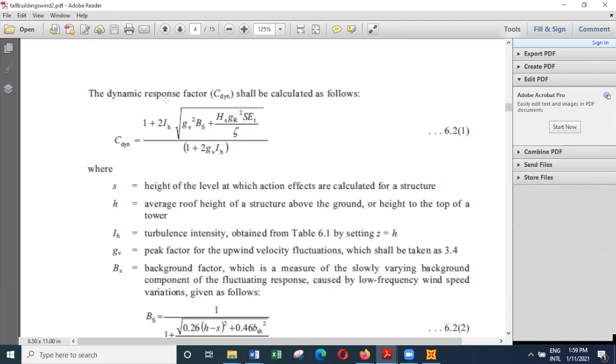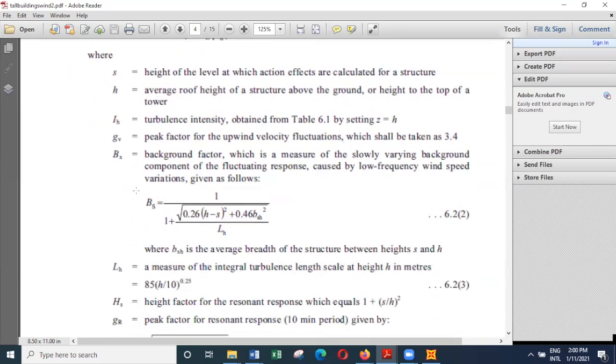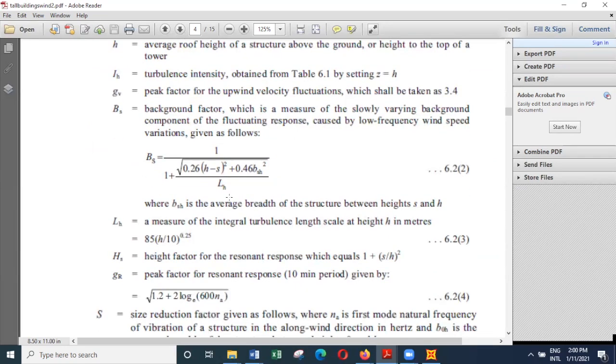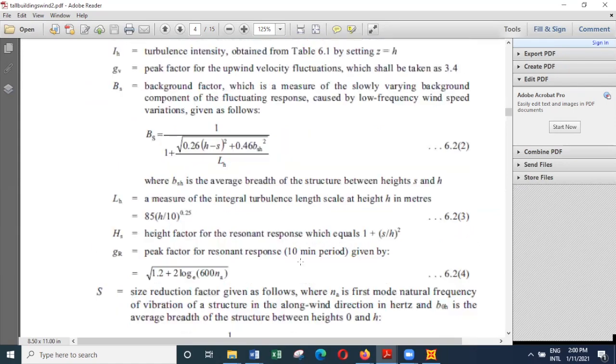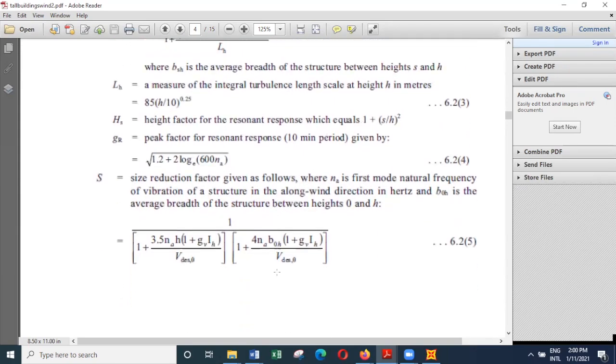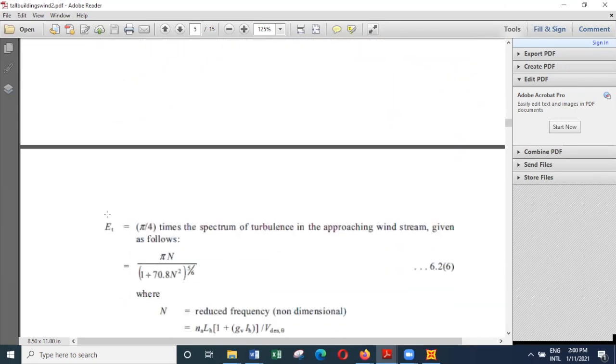To get the full effect, you have to add them up and then take the square root of it. So this factor refers to the static effects, and this factor, once combined, refers to the dynamic effects.